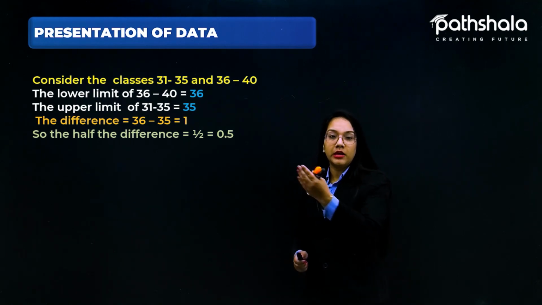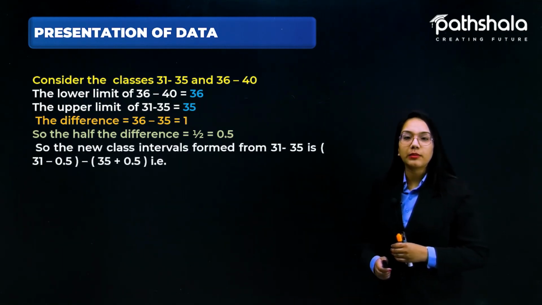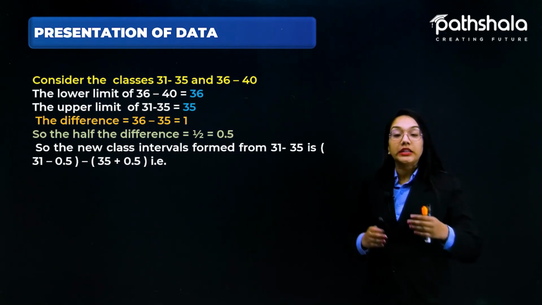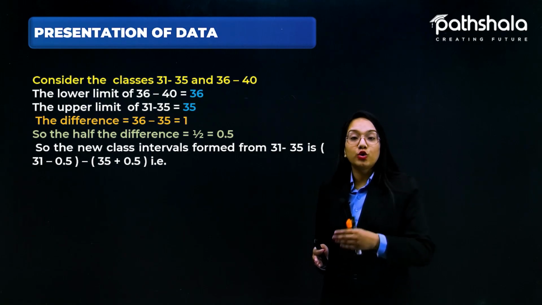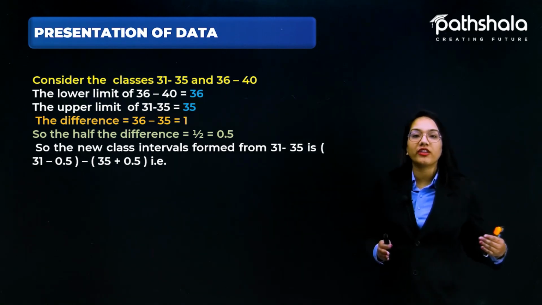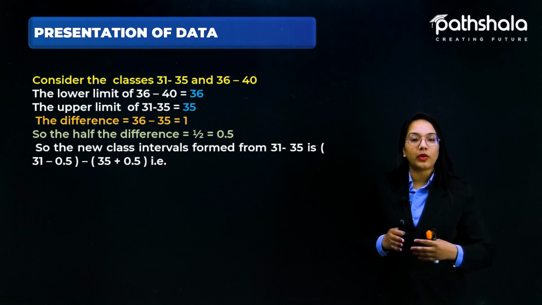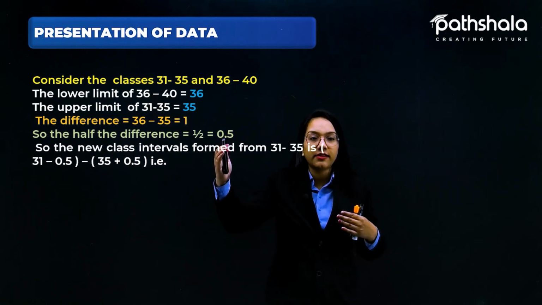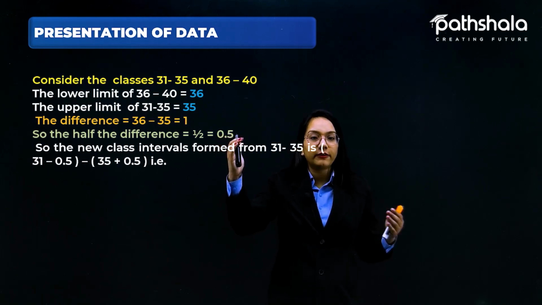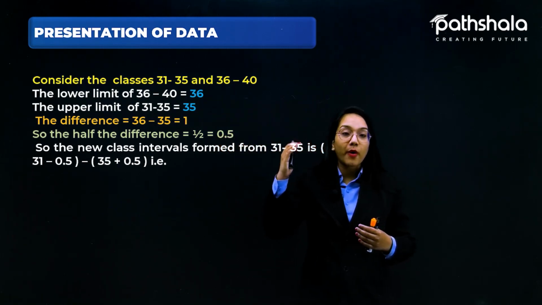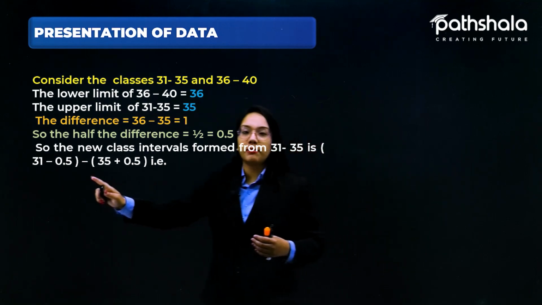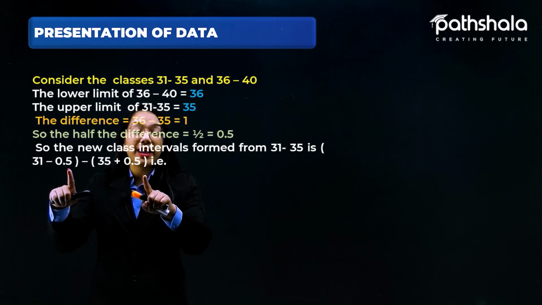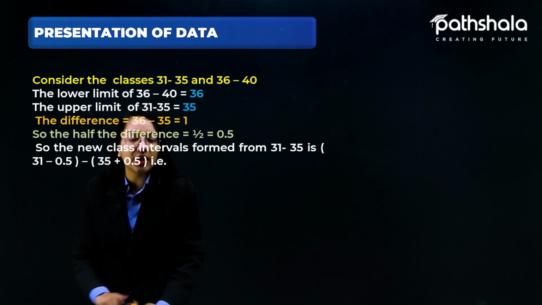So the new class interval formed from 31 to 35 is 31 minus 0.5 to 35 plus 0.5. I am subtracting this half difference, 0.5, from the lower class limit, 31 minus 0.5, and adding 0.5 to the upper class limit, and in the same way I do it with all the class intervals.